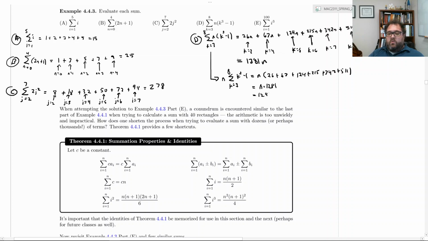So that's 1281n. So we could factor out the n because it's not indexed. Even though it looks like a variable, n is not indexed in this case because the only thing that's indexed are k's, not n's. So that's a helpful property.